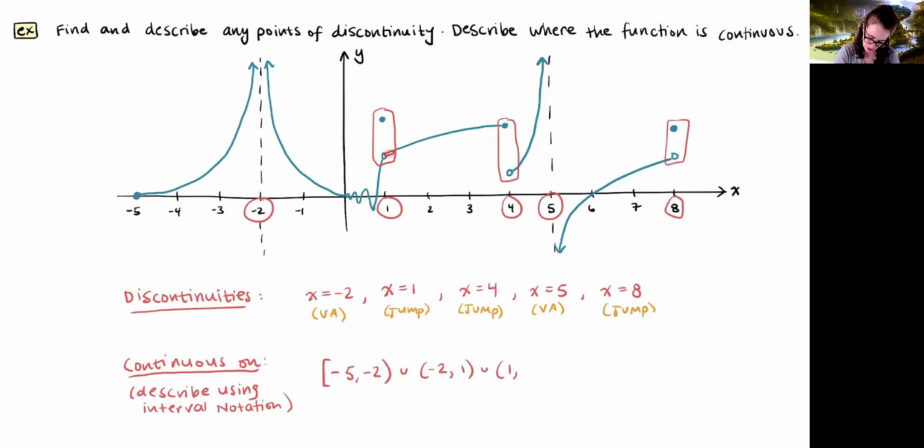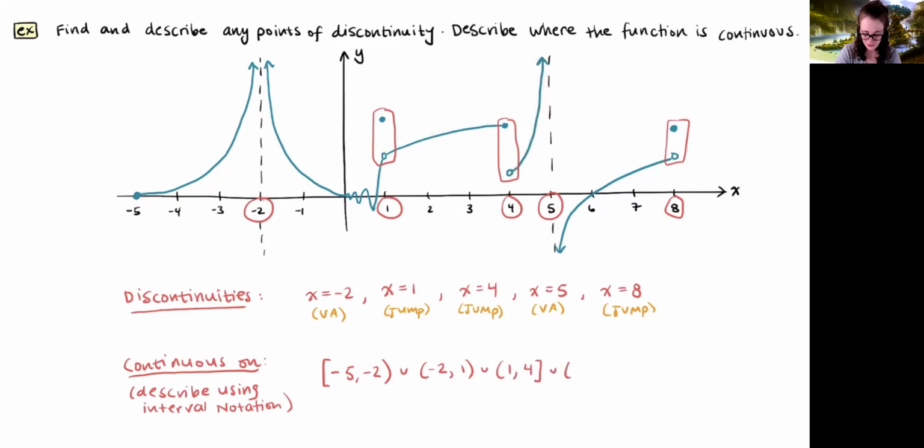Okay, then we have continuity going all the way to 4. But the function value meets the limit from the left-hand side here. So we have continuity on this side, so we could put a closed bracket here on the 4, as opposed to here, we go from 4 to 5 and we have a continuous part of the function.